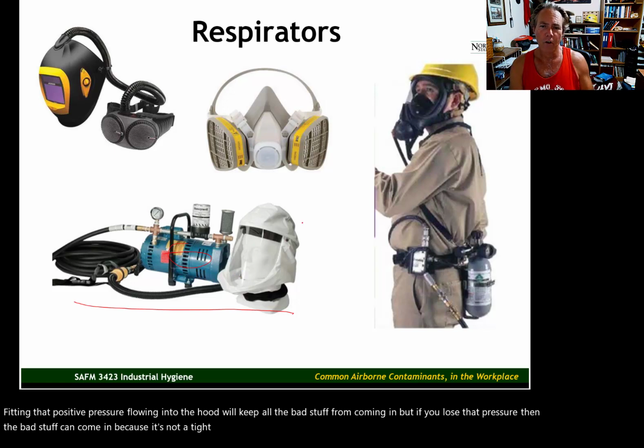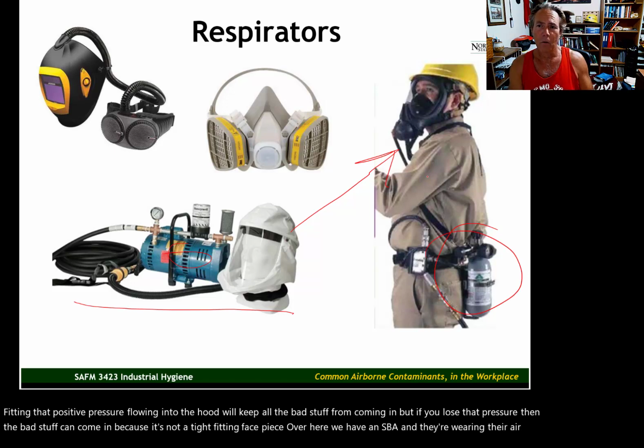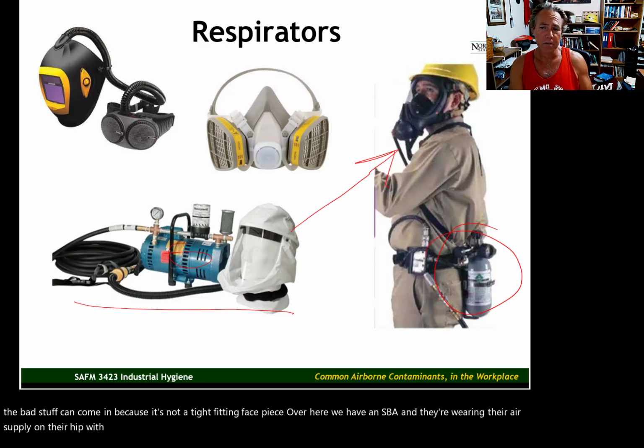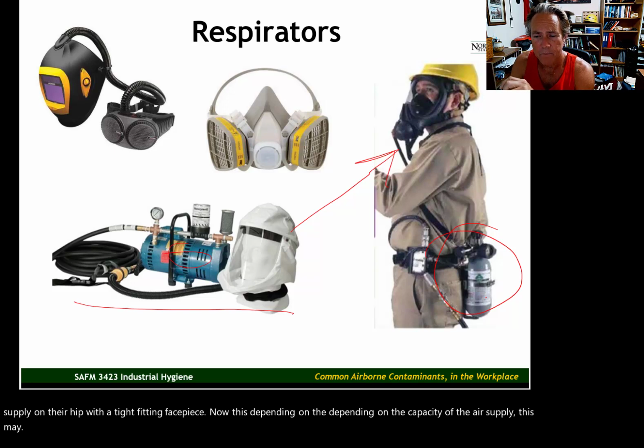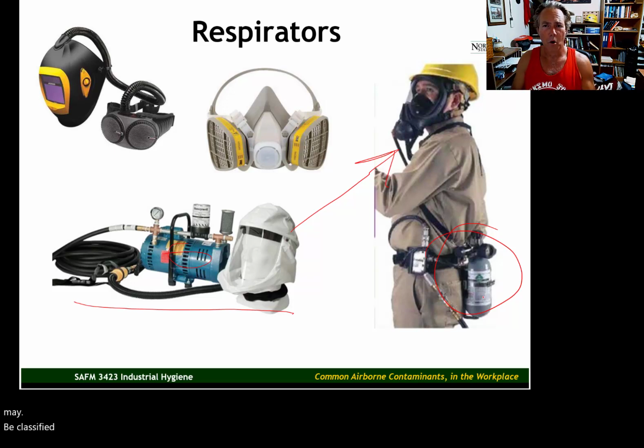Over here we have an SCBA, and they're wearing their air supply on their hip with a tight fitting face piece. Now this, depending on the capacity of the air supply, may be classified as only being appropriate for emergency rescue or emergency escape use.